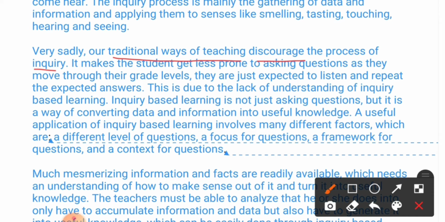So that is why it is mentioned here that it was discouraged previously. But now this is one of the big facts we are all aware of, that inquiry is very important. Inquiry is a sign that a child or a learner wants to do research on the topic. Otherwise, the student gets less prone to asking questions as they move through the grade levels. They are just expected to listen and repeat the expected answer.